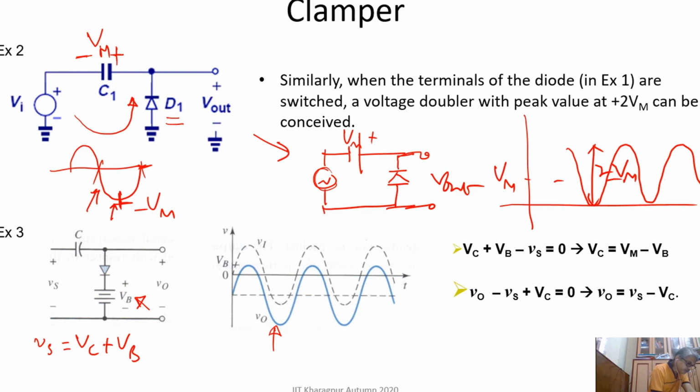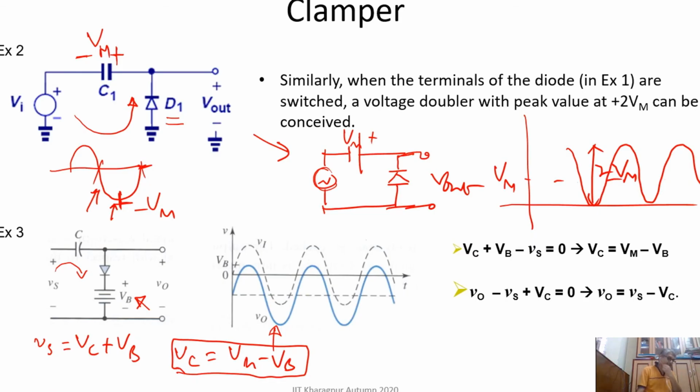The capacitor will be charged up to Vm, so we can write Vc is equal to Vm minus Vb. That is the maximum voltage the capacitor can have.